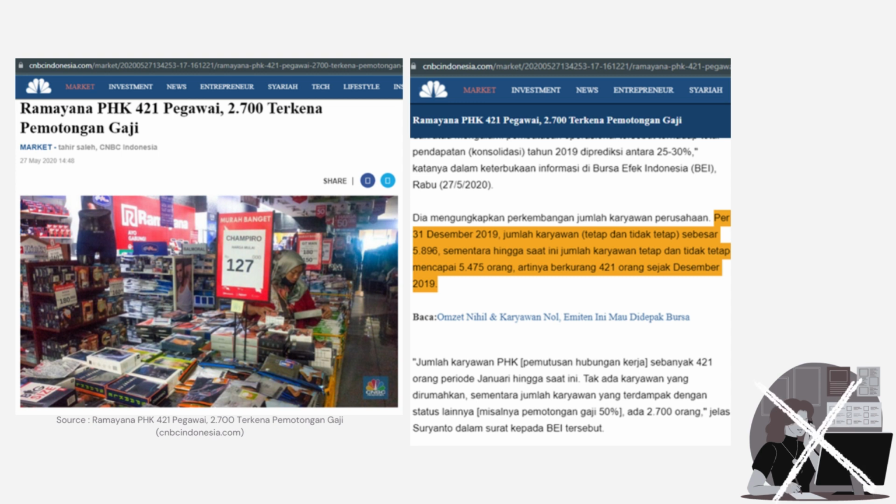The firm made the decision to terminate employees and cut employee salaries by about 50% in May 2020. Now let's see their statement of cash flows between 2019 and 2020.